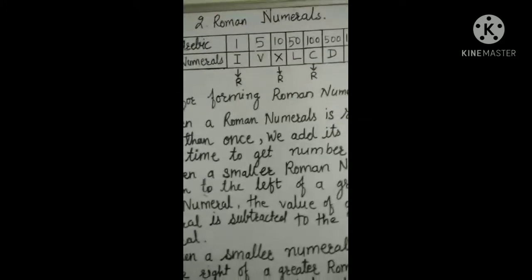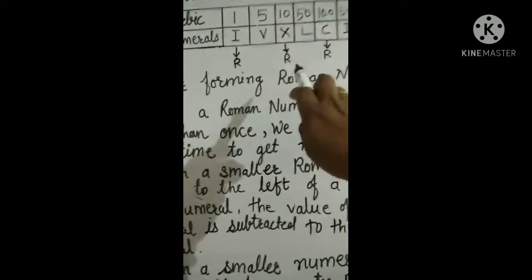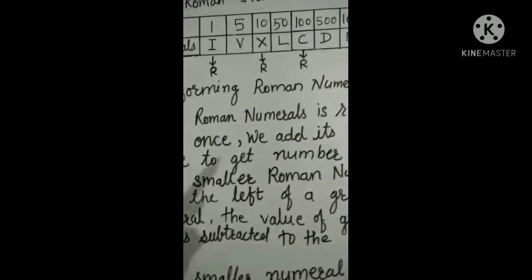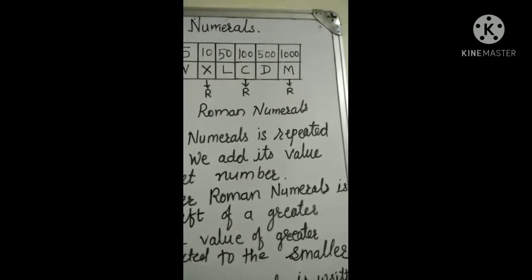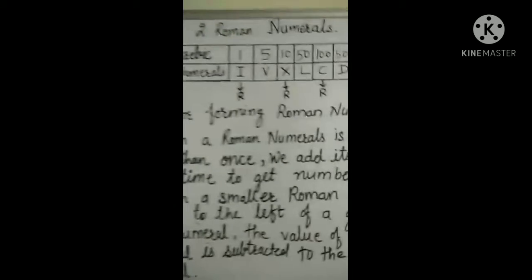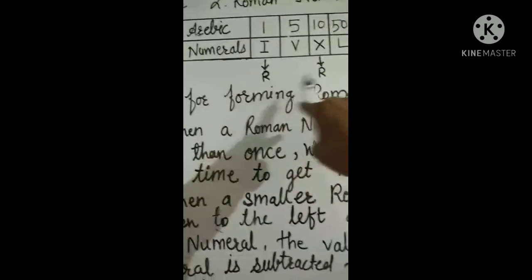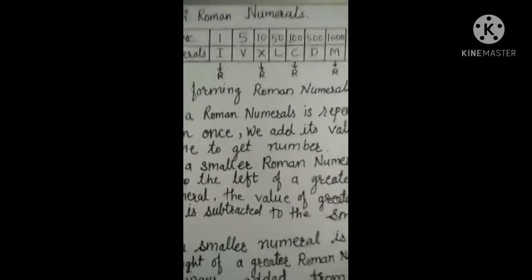Those repeated symbols are I, that is for 1, X, that we write for 10, C, that we write for 100, and M, that we write for 1000. Here I write R. R means repeated. These symbols can be repeated.